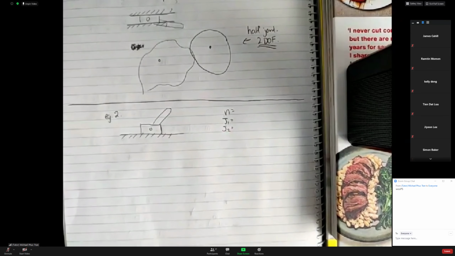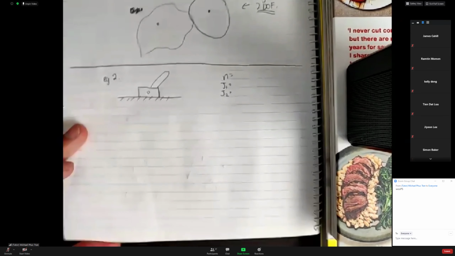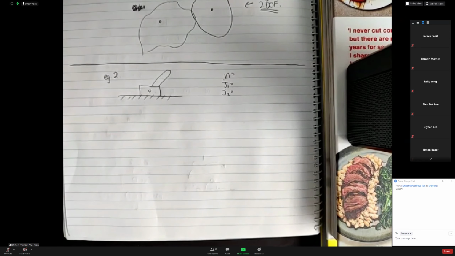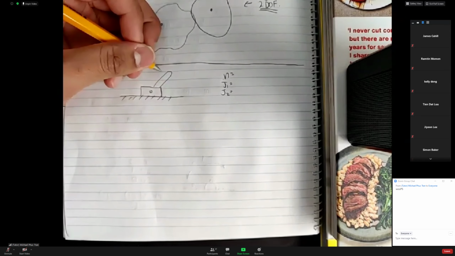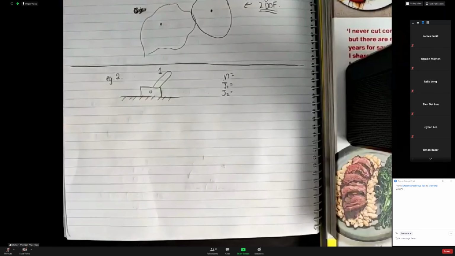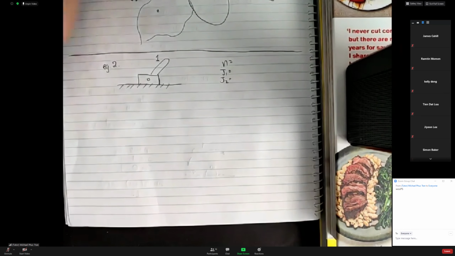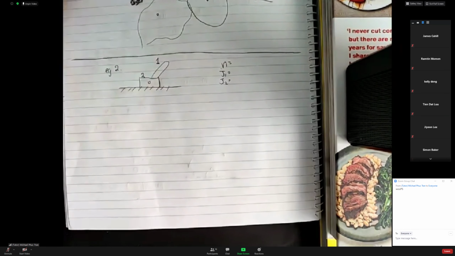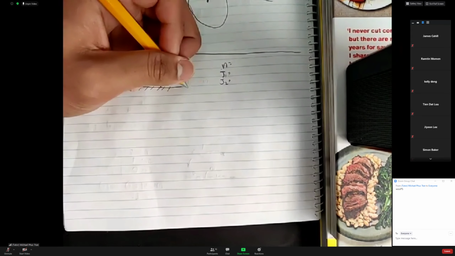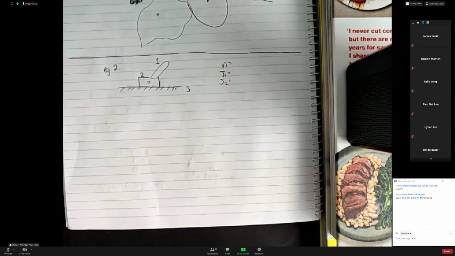How many bodies do you reckon we have in this question? We've got that, that's one. Are there any others? All right, I'll do this one too then. The second one would be the slider, and the third is your ground. That's 3.